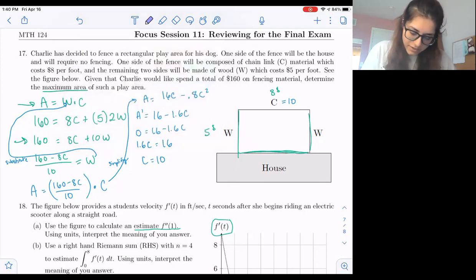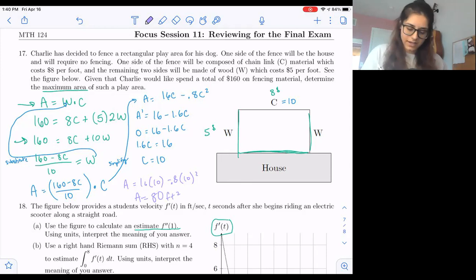So 16 times 10 minus 0.8 times 10 squared. And that will give us area of 80. The units are feet squared. Okay, so area equals 80 feet squared. That is our maximum area.